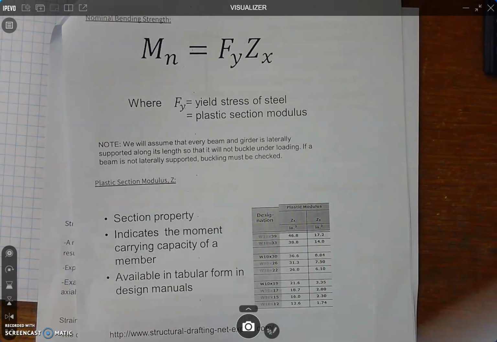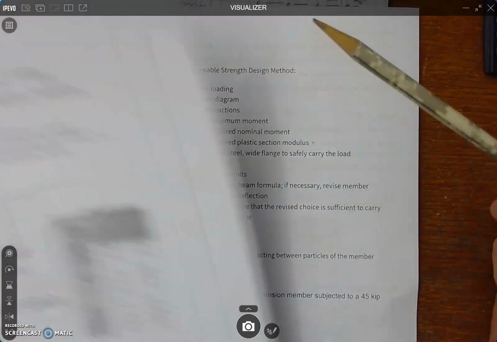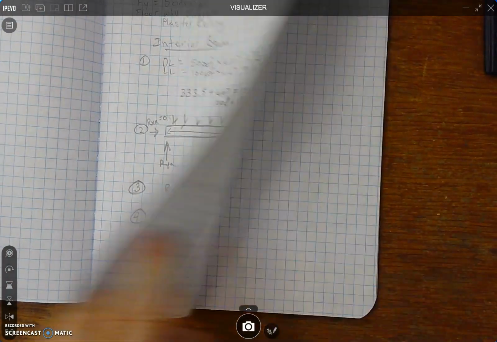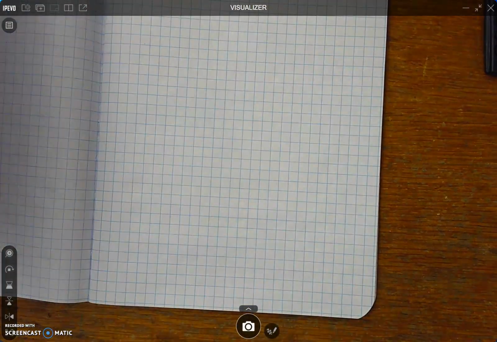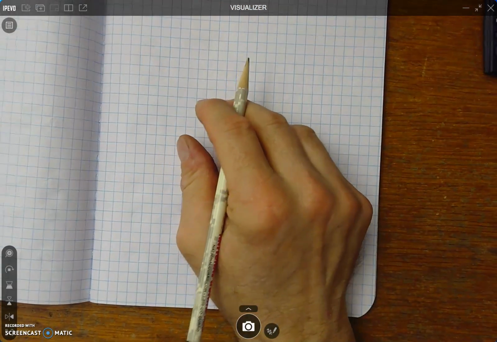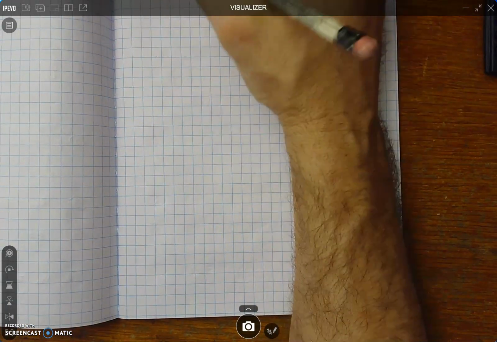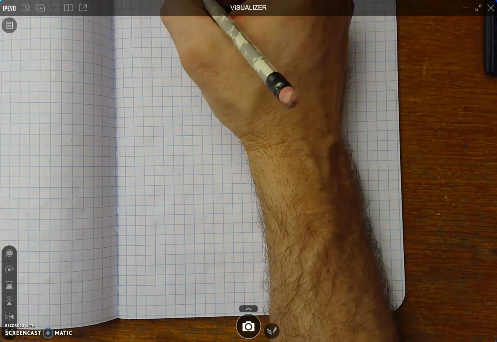And we already know Mn because we just figured it out in our last calculation. So here we are with number 6. And our formula is Mn equals Fy times Zx. Okay, so Mn, we know that.